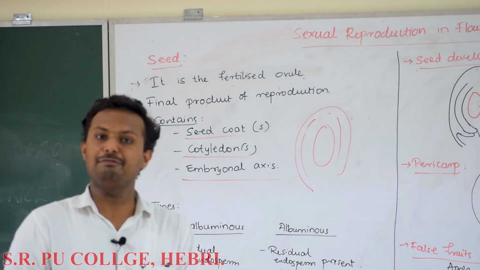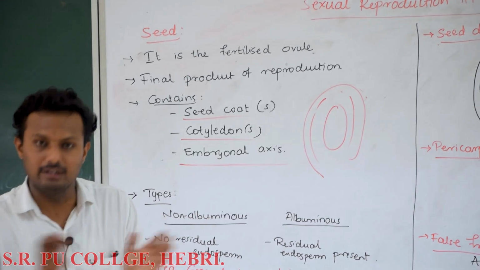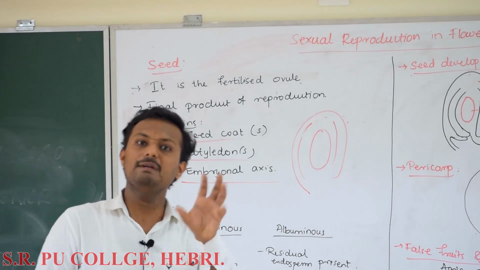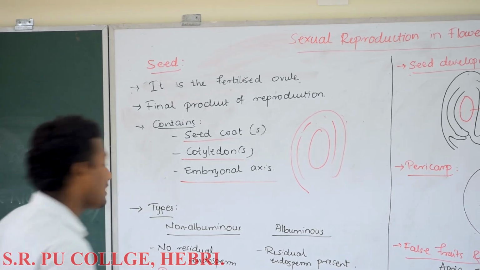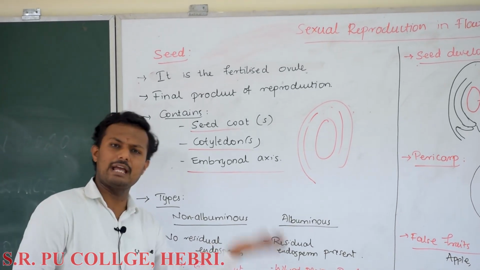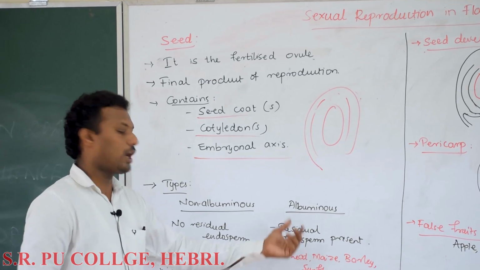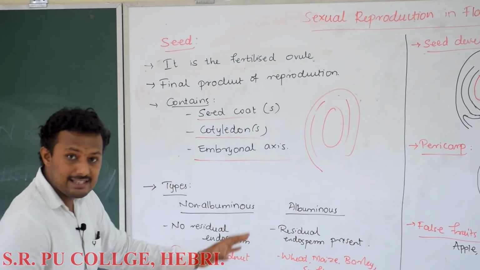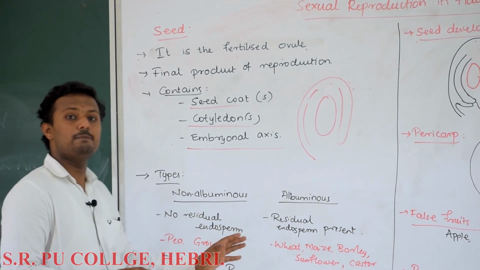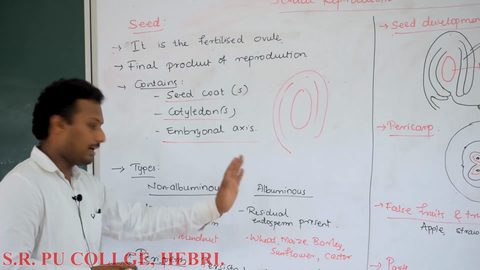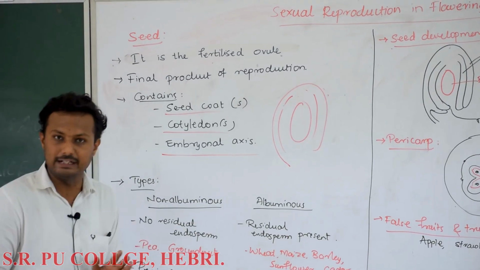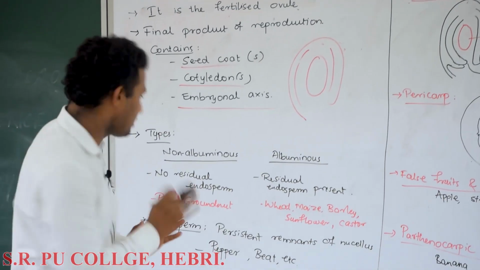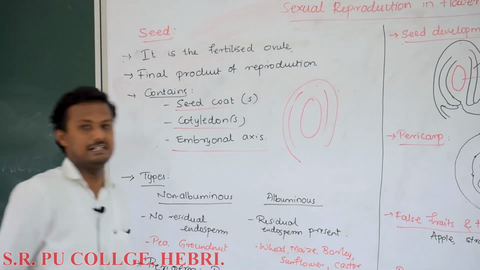But even after the completion of the development of the embryo, some part of the endosperm may still be remaining, and such seeds will be considered as endospermous seeds, also called albuminous seeds. So the seeds in which a residual endosperm is still present even after the complete development of the embryo are called albuminous seeds.